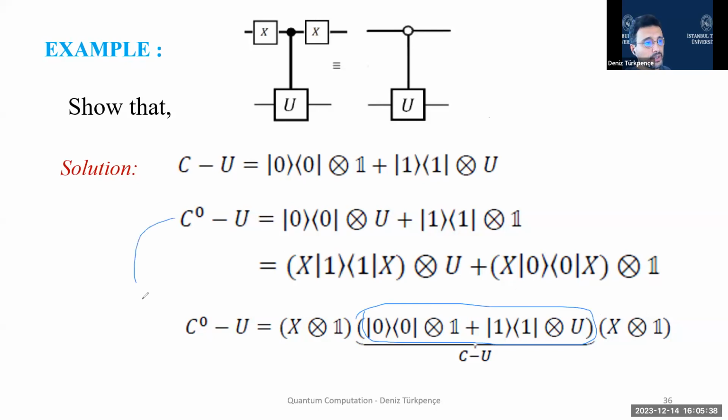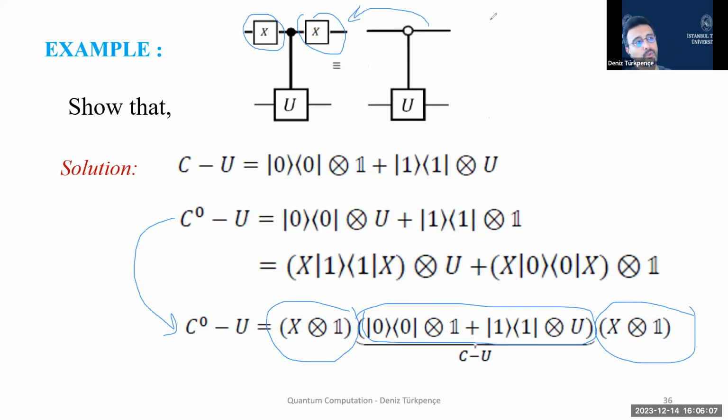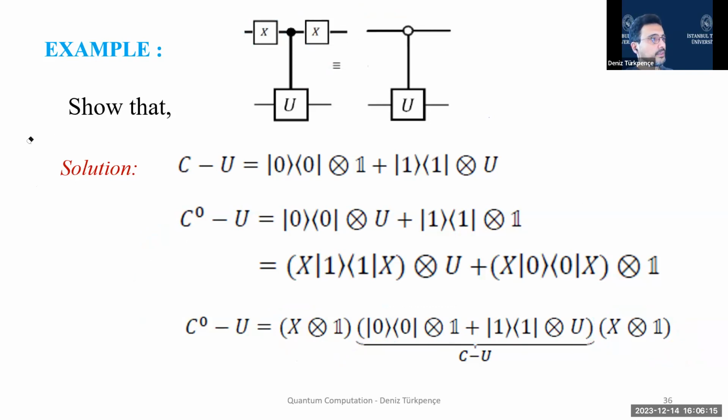So starting from here, I have left here, but up to 2 X gates on the left and on the right, and you see that these X gates have been written in the first order, which means that they are being acted on the first qubits from the left and from the right. So this circuit is equivalent to this circuit. So you can write circuit identities, or you can prove circuit identities in this way. So this is one of the ways.